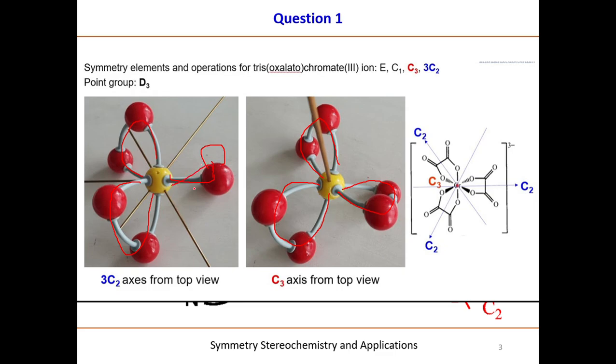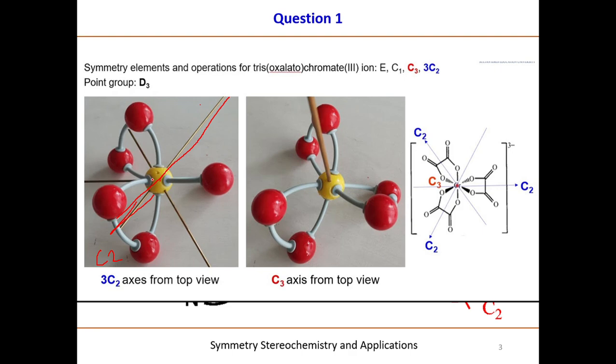Now you can see in this 3D model easily that here the axis passing through the center atom, between these two bonds, is a C2 axis. If you rotate on this axis by 180, you will get an indistinguishable image of the original molecule.